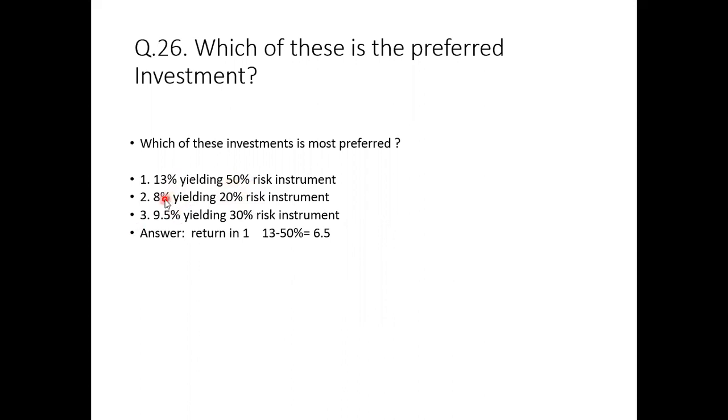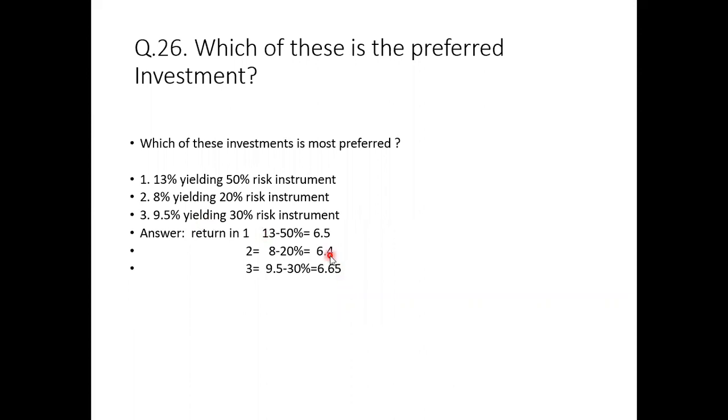Then 8% yield rate, but 20% risk. Then 9.5, 30%. The answer: the first instrument after adjusting the risk is 6.5. The second instrument after adjusting the risk, 8 minus 20%, is 6.4. The third one, 9.5 minus 30%, is 6.65.